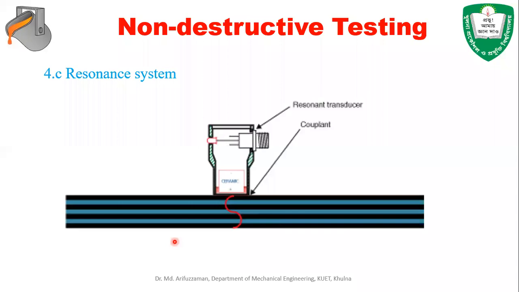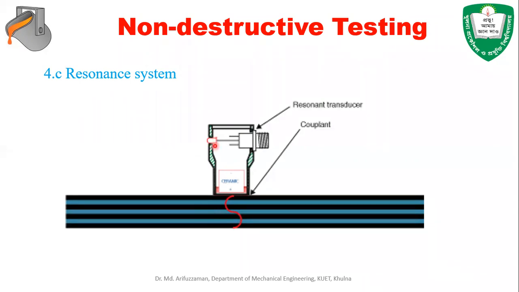Actually, nowadays there are 3D scanning systems. The sound wave is given in various directions to visualize the crack three-dimensionally. The technology has advanced really well, and you will be able to see the crack virtually in the computer.